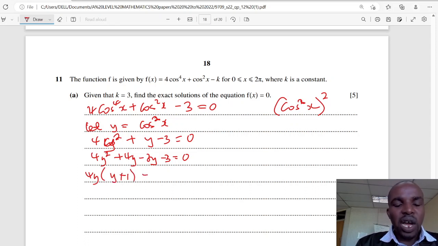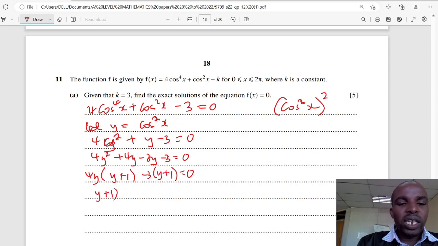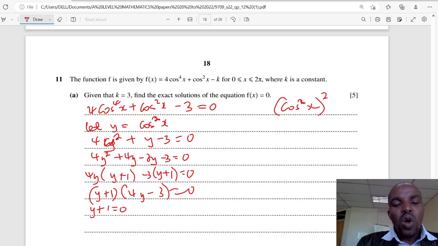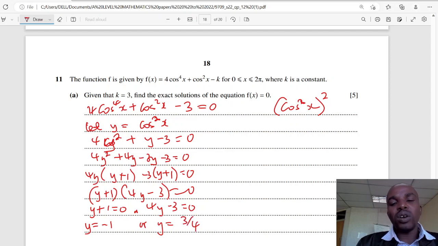On this part, you factor out minus 3, it's y plus 1. So it's y plus 1 times 4y minus 3 is equal to 0. Then it's either y plus 1 is equal to 0 or 4y minus 3 is equal to 0. Then from this one you get y is equal to minus 1, or y is equal to 3 over 4.